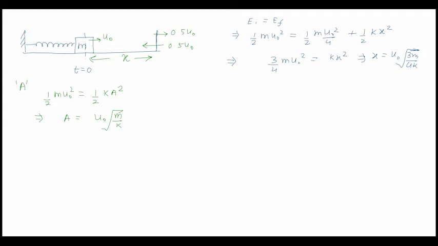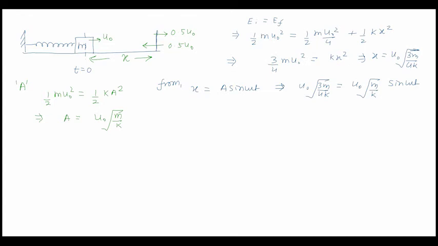From here, if we apply the equation of SHM, x is equal to A sine omega t, because the motion starts at the mean position, so phi is equal to 0. So from x is equal to A sine omega t, we obtain u naught root over 3m by 4k is equal to A, which is u naught root over m by k sine omega t.